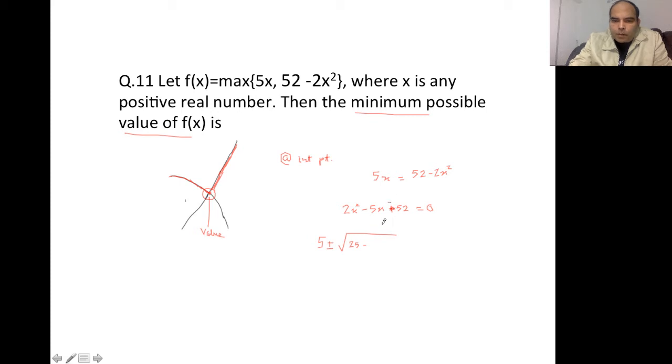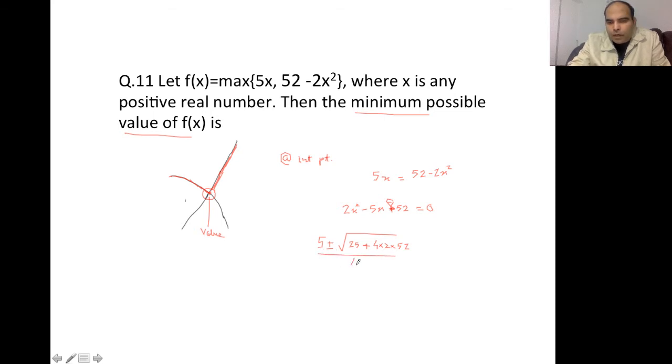So 25 plus 4ac, 4 times 2 into 52. The minus of this and the minus of the 4ac will become plus. So we have divided by 2a, which is 4.